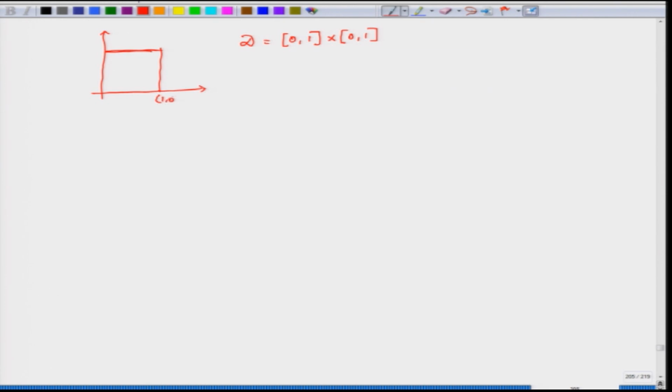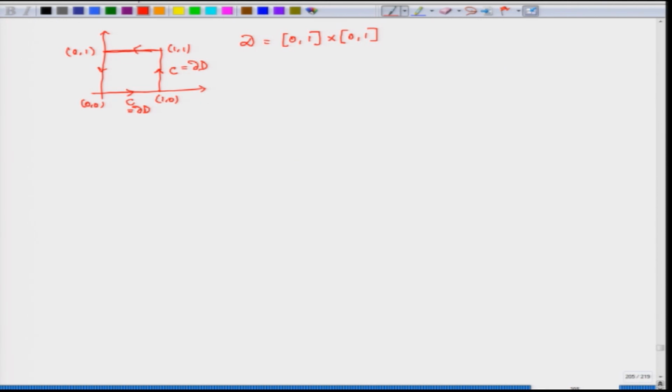So it is the points (1,0), (0,0), (0,1), (1,1). Now, I have to traverse in this direction. So this is my C which is the boundary of D. This is the direction I should be traversing along, the four sides.